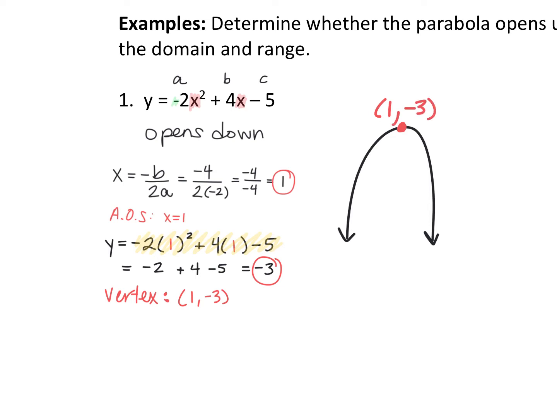We know the domain is the same every single time. Domain is all real numbers. If you want to say that a different way, like -infinity to +infinity, that's fine. Pick one, you don't have to list them both.